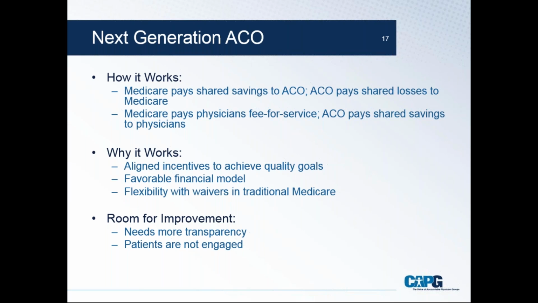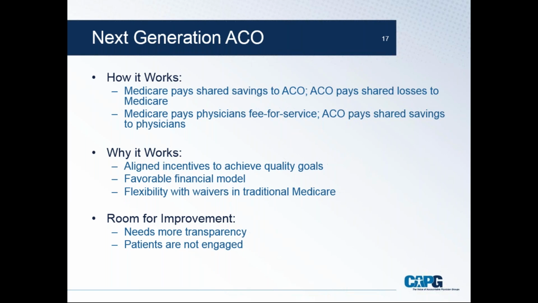I think of it as a more advanced version of the Medicare Shared Savings Program. It offers some additional benefits and has upside and downside risk. In the Medicare ACO program, Medicare pays shared savings to the ACO if the ACO is able to beat its benchmark, so they're able to come in with a cost or spend less than what was projected by Medicare they would spend.